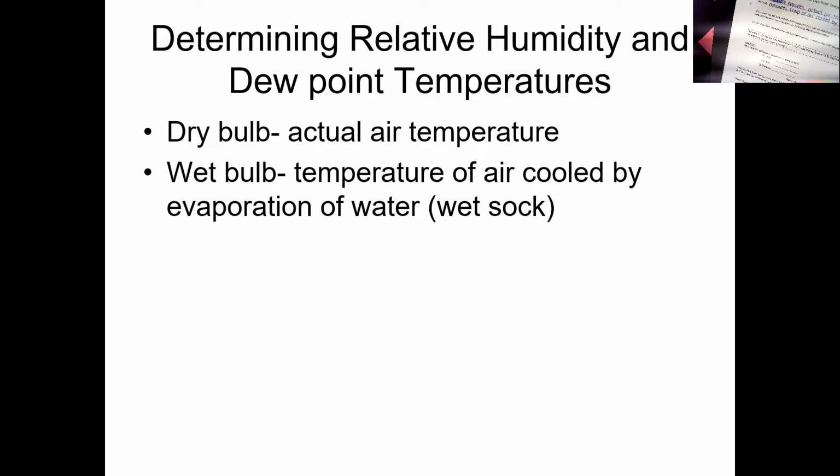So just to reiterate, guys, which one's going to be colder? The wet one. There's no time that the wet one could ever be warmer. So by the way, if you're in lab and your wet one is warmer than your dry one, probably what happened is your thermometers are busted. There's a couple of things that could happen. One, they legit just break in half because somebody dropped them.